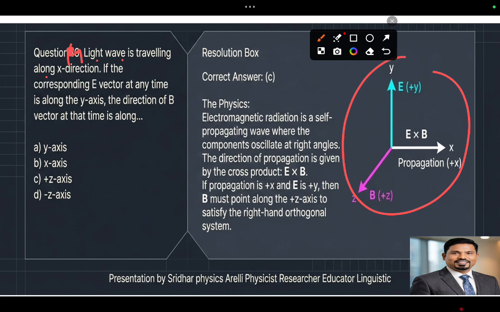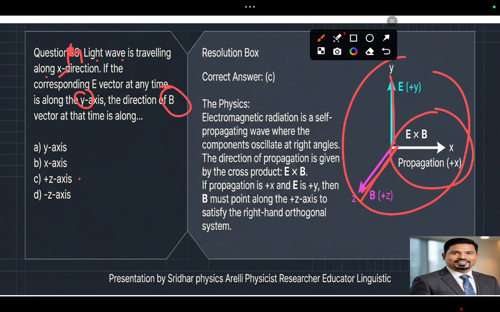Electric field is in the y direction, wave propagation is in the x direction, so the magnetic field obviously is in the z direction.